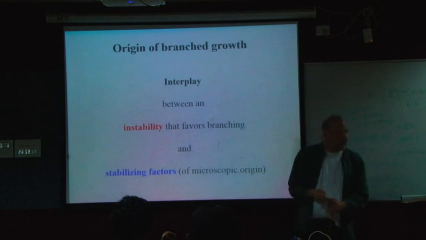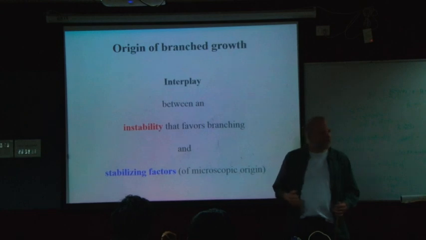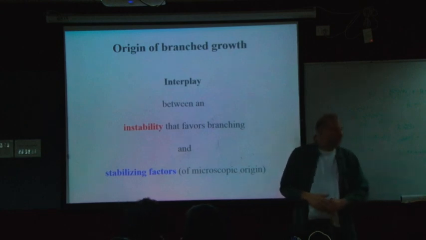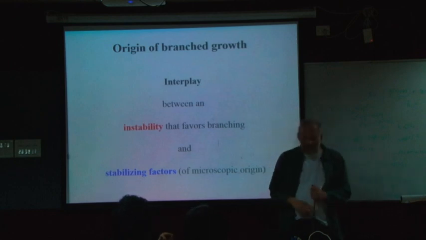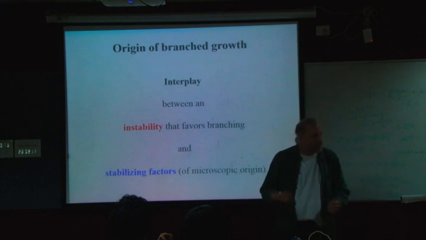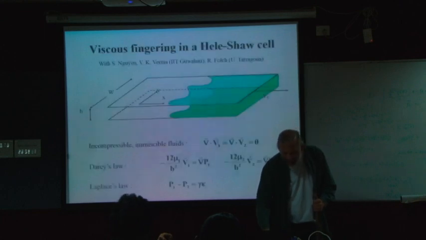That's why if you pull harder in the paint experiment, you get finer branches, because you increase the Laplacian forcing. And the capillary effect tries to make the structures bigger, because high curvature is always penalized. Okay, so all these structures result from the balance between Laplacian instability and mostly capillary stabilizing factors.